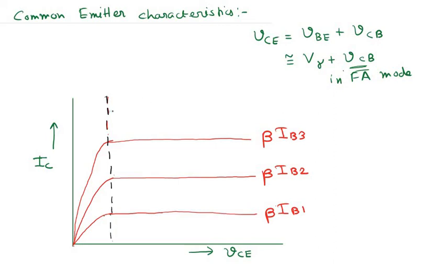So to the right of this dashed line we have the forward active mode, and to the left of this line we have the saturation regime.